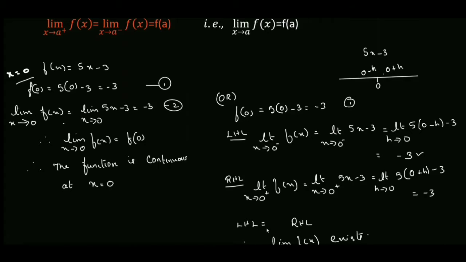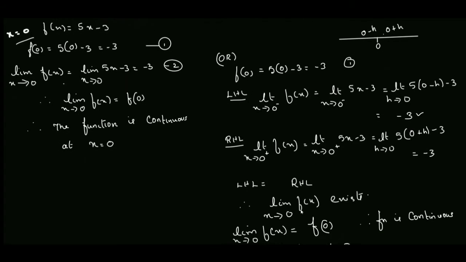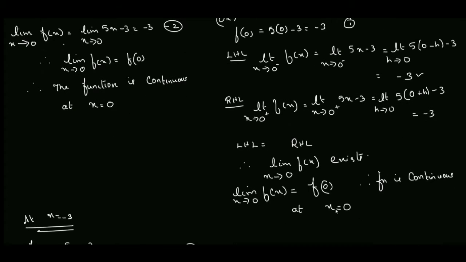So left hand limit is equal to the right hand limit. So the limit exists. If both the limits are equal, we say the limit exists. And the limit value is equal to minus 3, and the functional value is also equal to minus 3. Limit x tends to 0 of f of x is equal to f of 0. Therefore the function is continuous at x is equal to 0.